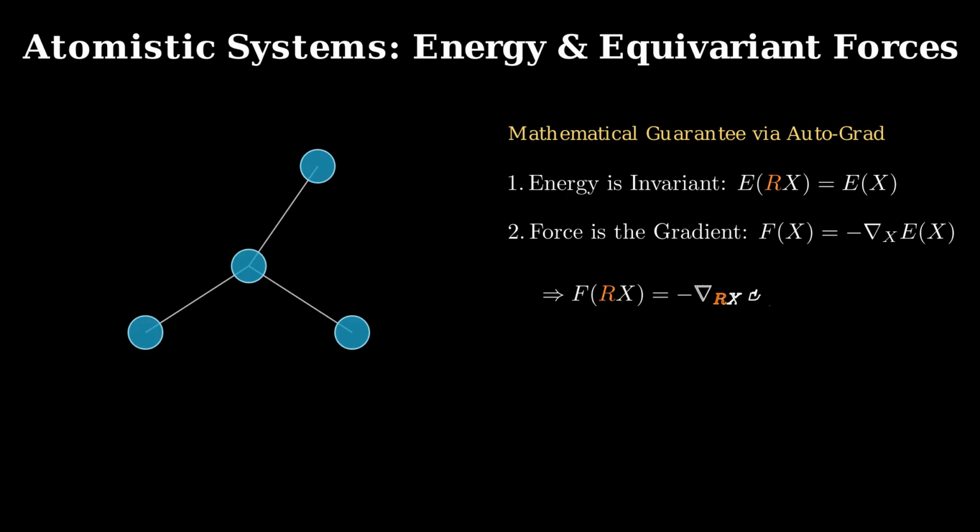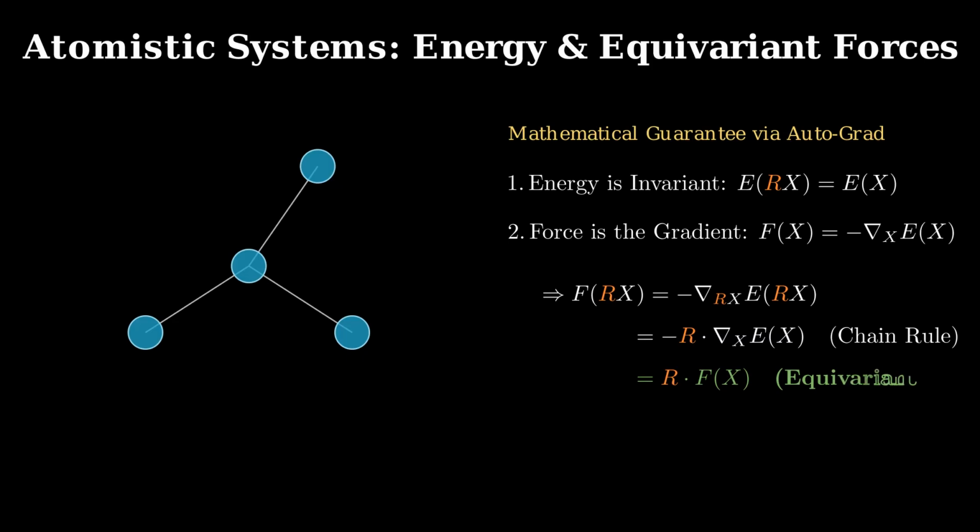Let's see what happens if we rotate the molecule by a matrix R. By substituting our x into the gradient, the multivariable chain rule naturally pulls the rotation matrix R outside of the gradient operator. This elegantly proves that modeling an invariant energy automatically guarantees a perfectly equivariant force field via backpropagation.